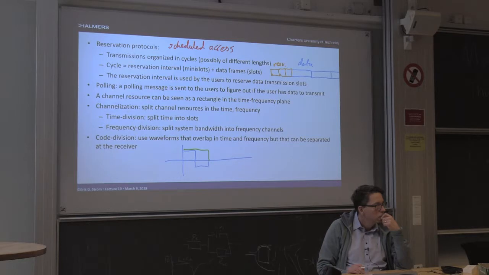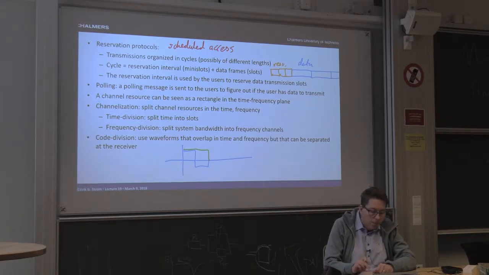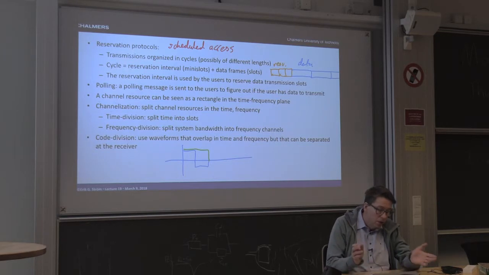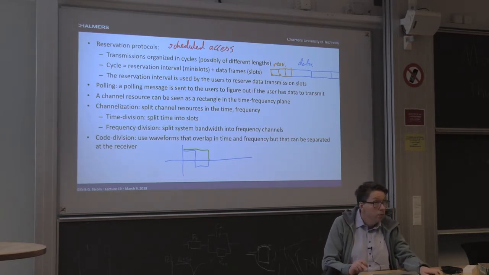When we add these together, we get a purple waveform. But out of the purple waveform, we can filter out the green one and the blue one without any crosstalk between them, because they're orthogonal to each other. So code division is used in 3G and also in Bluetooth, for instance.